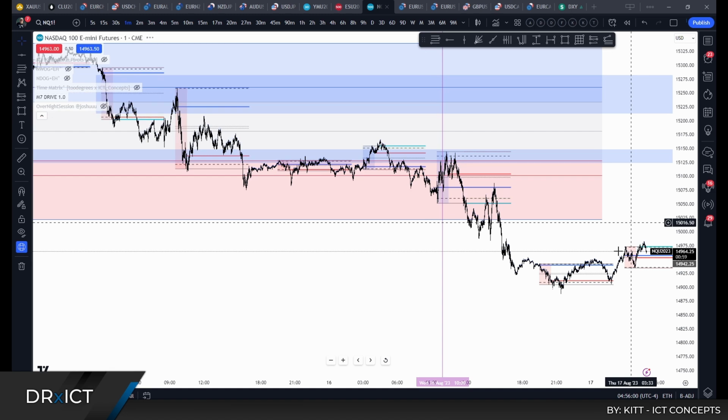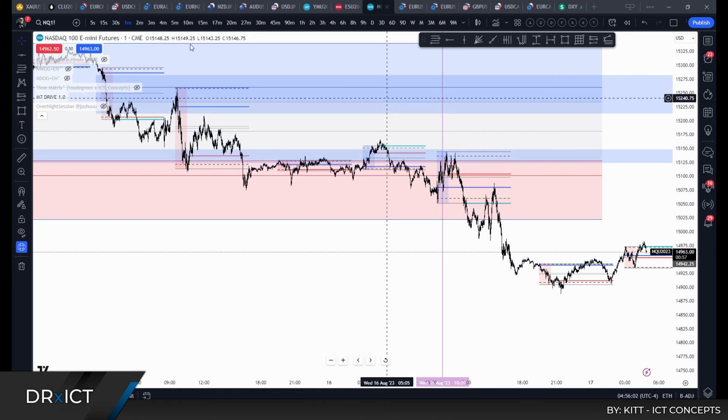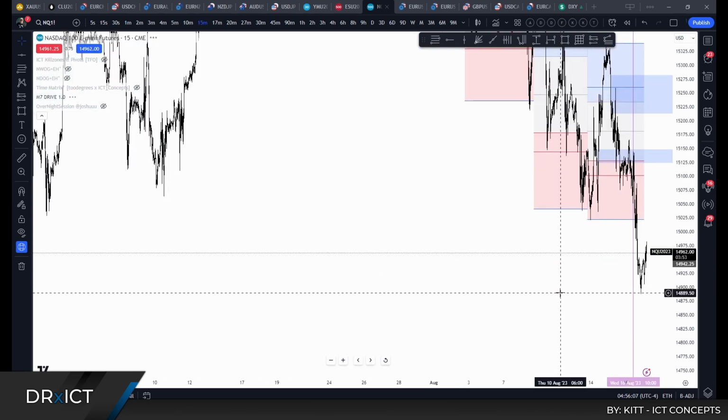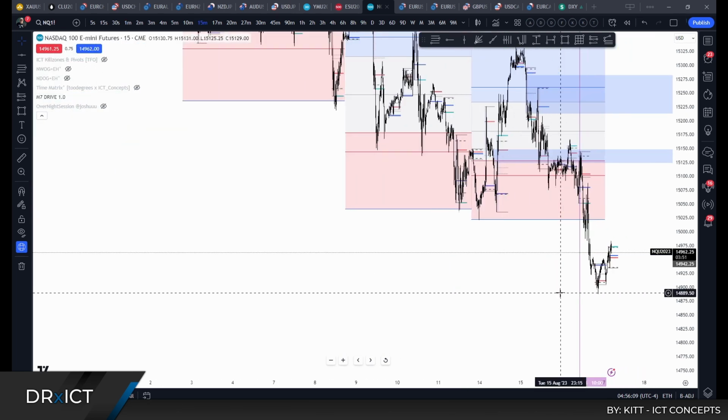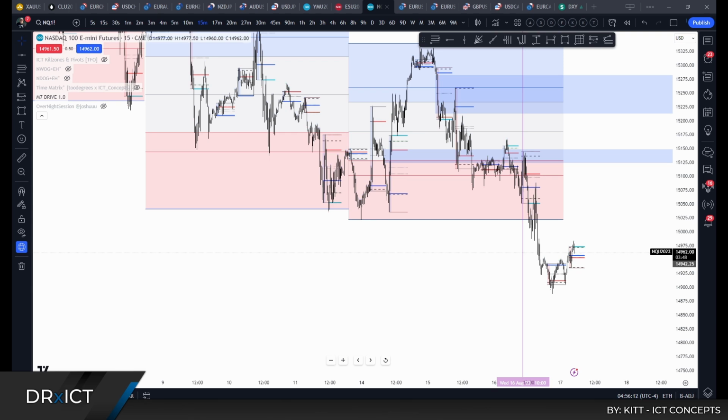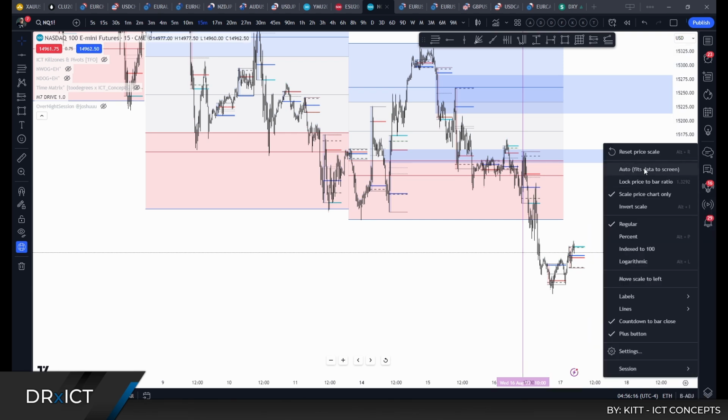We're at our 3-day low from our previous framework. A 15-minute chart. Let me get this. Auto fit.